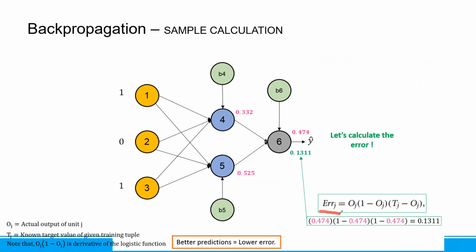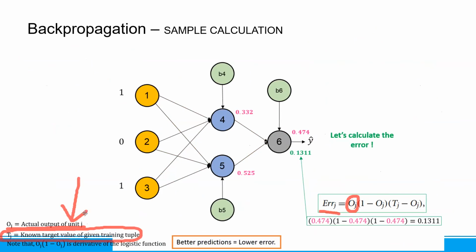The error will be Oj multiplied by 1 minus Oj multiplied by Tj minus Oj. Oj is the actual output of unit j, and Tj is the known target value of the given training tuple.